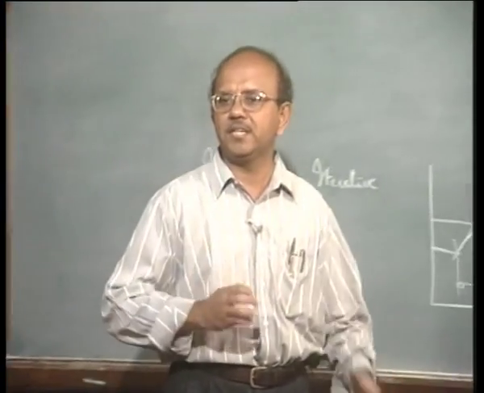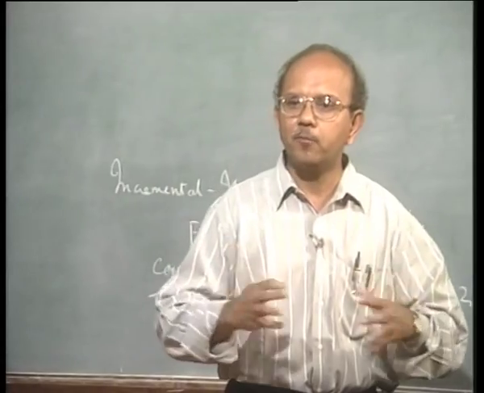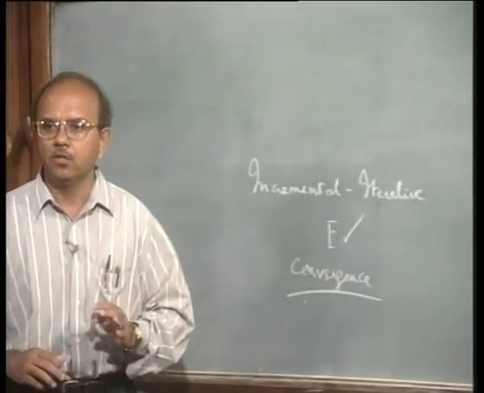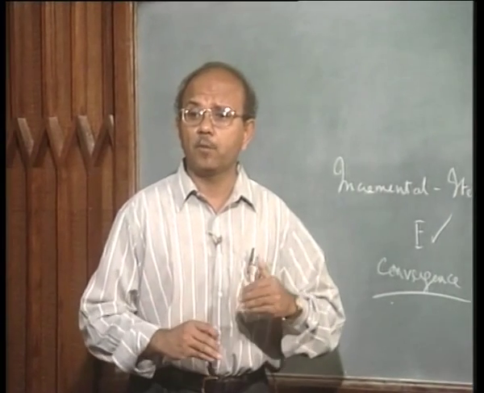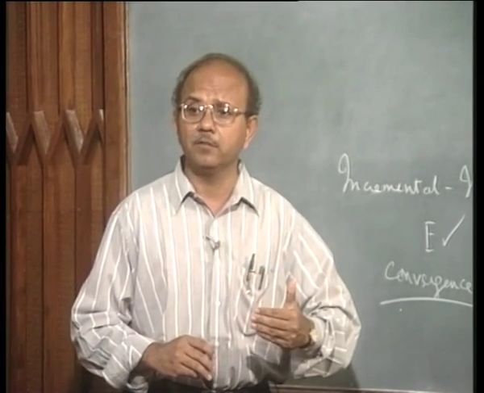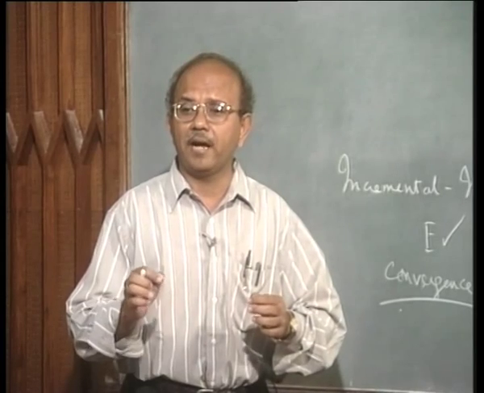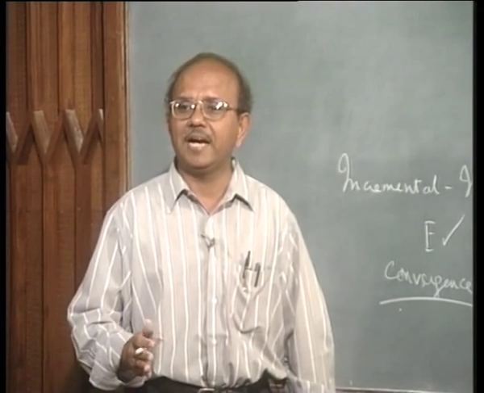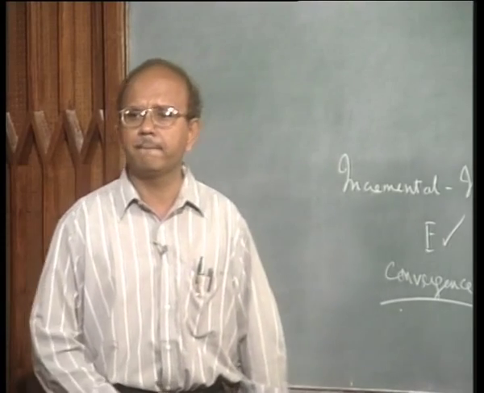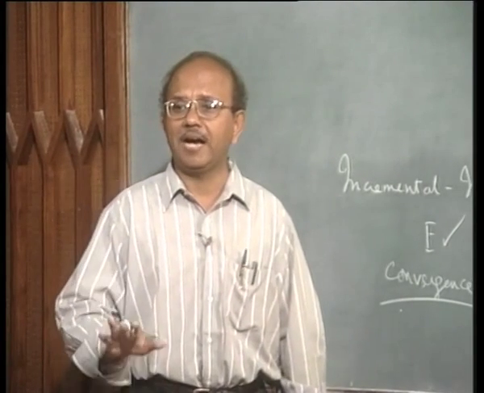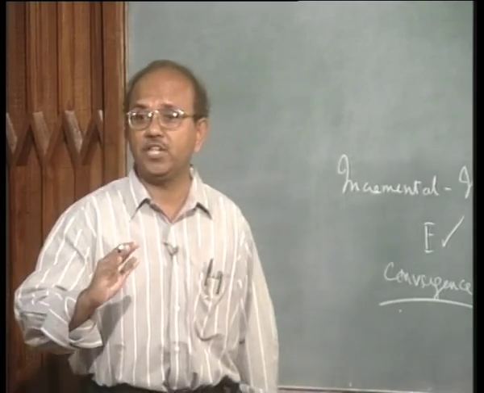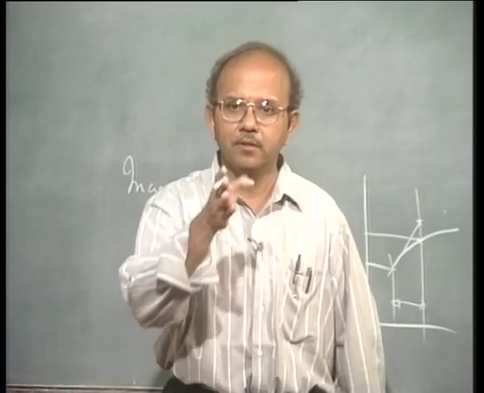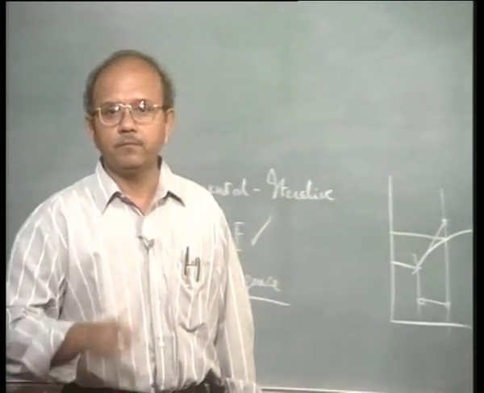I may increase the amount of load that I am going to apply and so on. Let's not worry about that right now. So the first thing is that I am going from one increment to the other. Let me say that I am at the ith increment, and I am proceeding to the I plus 1th increment. Is it clear?